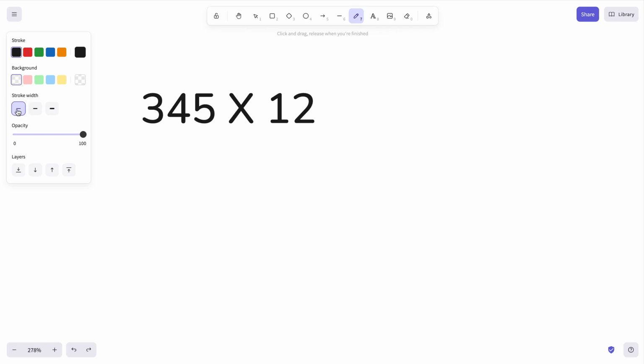Let me reduce the stroke width. Okay, 5 multiply by 2. Okay, 5 twos are 10. There is nothing on this side of 5. So nothing into 1 is nothing. So your first digit is 10.